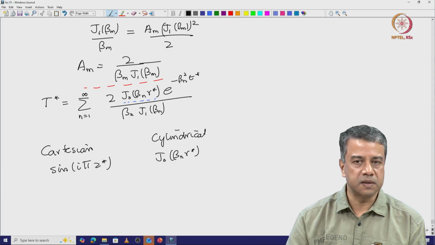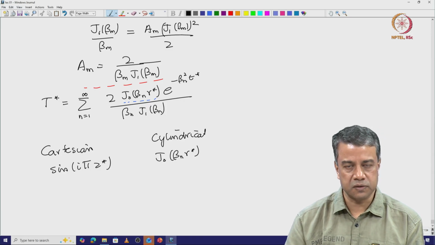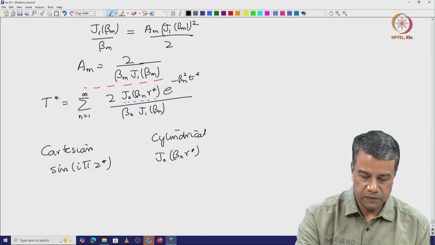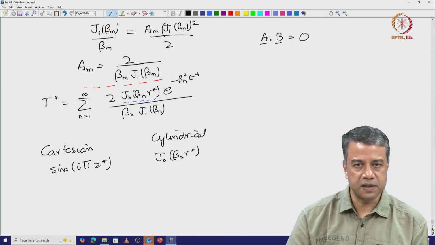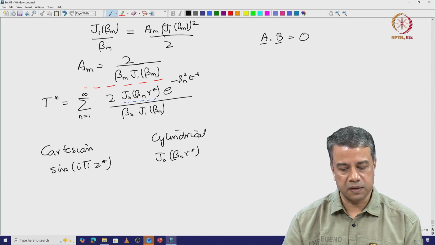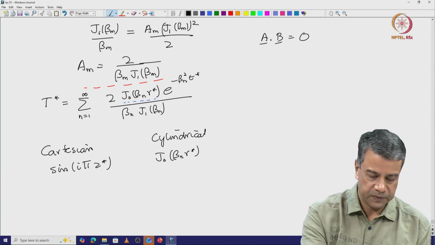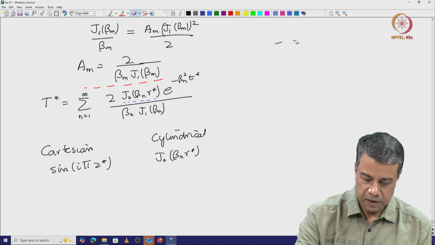This is similar to vectors. Two vectors are orthogonal when the dot product of those two is equal to 0. If you have two vectors with A dot B equal to 0, that means the vectors are perpendicular to each other and therefore orthogonal.